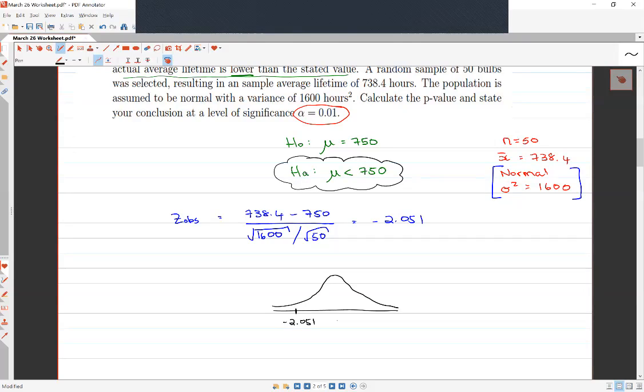So our observed z-value is roughly -2. And so in this instance, we're only concerned with knowing what the area is to the left of that value. Again, alternative says mu is below 750, so we want to know the area below the observed z-value.